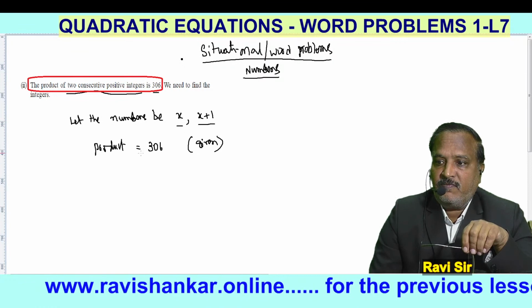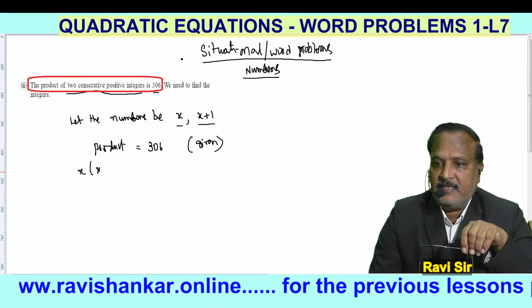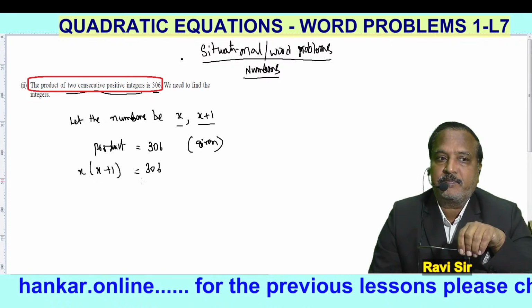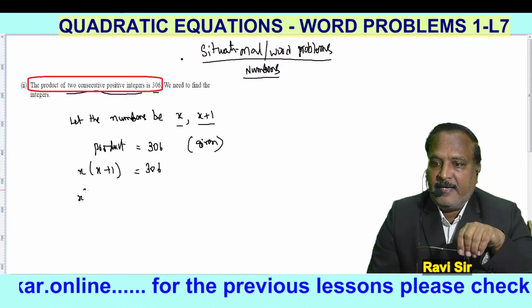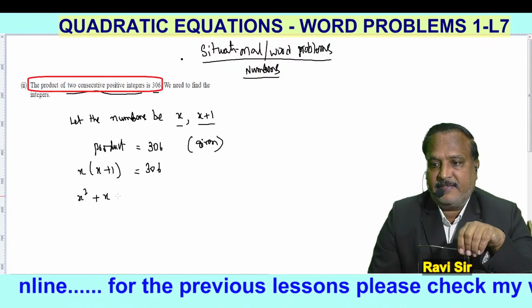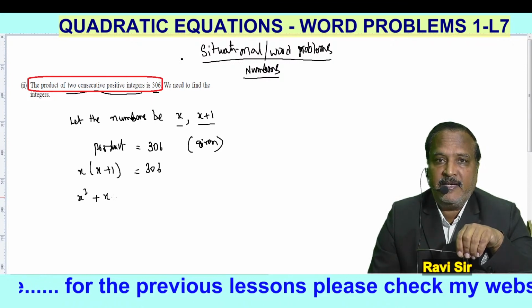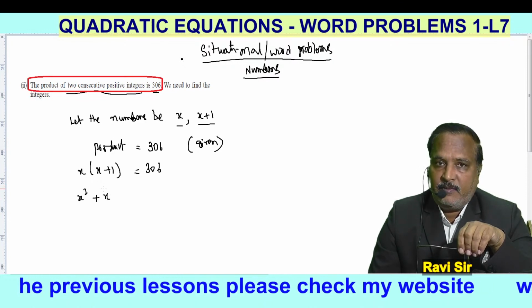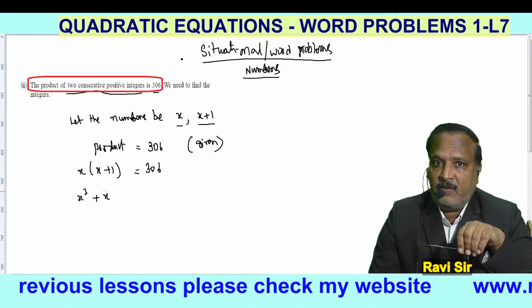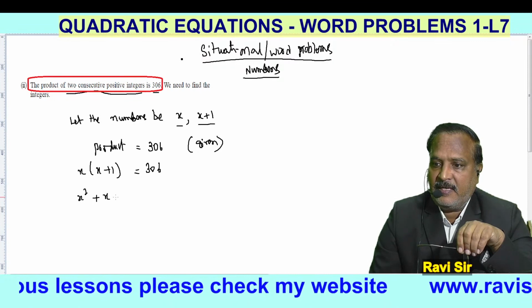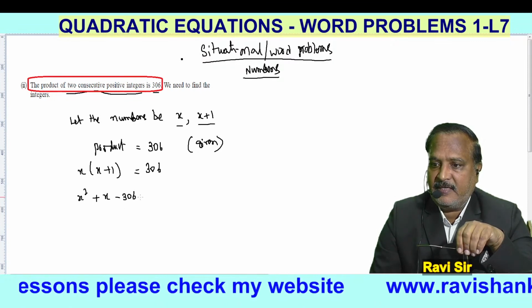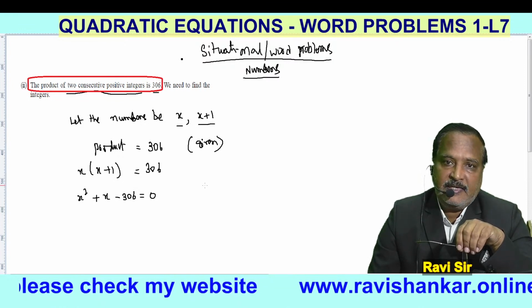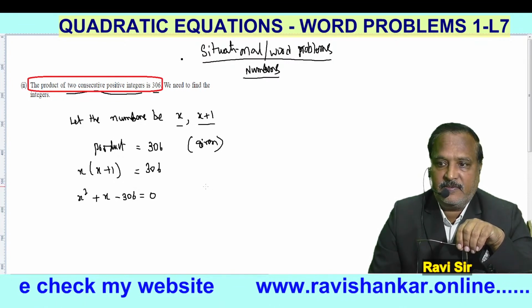So the product of these two numbers, x into x plus 1, is equal to 306. So we get x square plus x, because we have to bring it to standard form. I remove the brackets, and there is one number on the right side. I bring that number to the left hand side. Then I get the equation x square plus x minus 306.